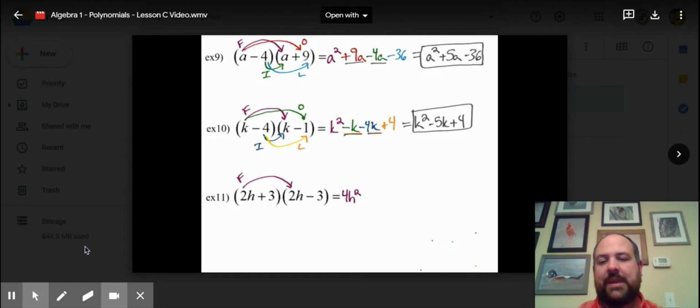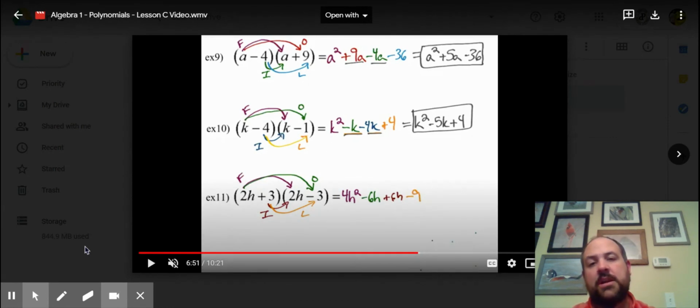Our outside multiplication is going to be the 2h times the minus 3, or negative 3. And that's going to be minus 6h, or negative 6h. But my inside multiplication is now positive 3 times 2h. That's plus 6h. And then my last multiplication is going to be 3 times negative 3. And that's going to give us negative 9, or minus 9.